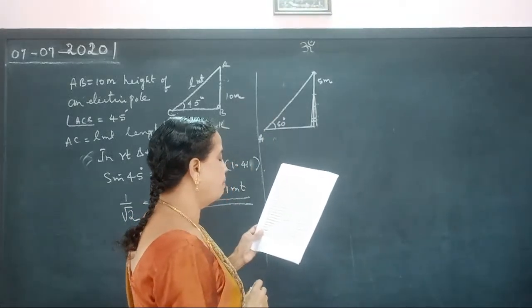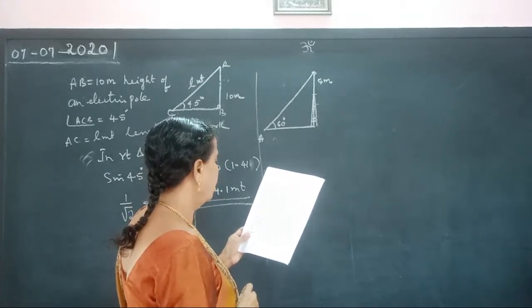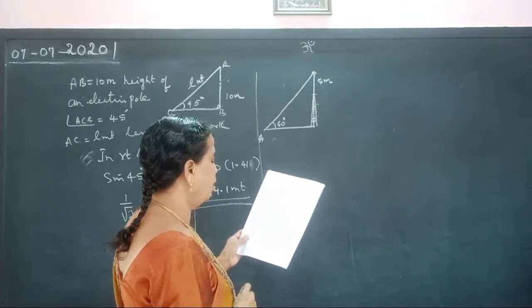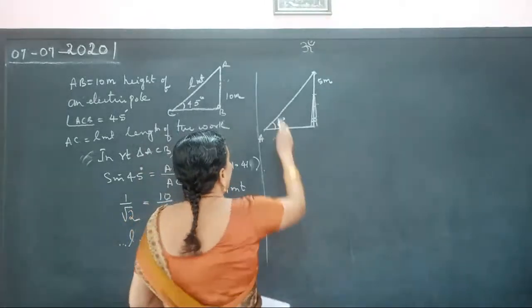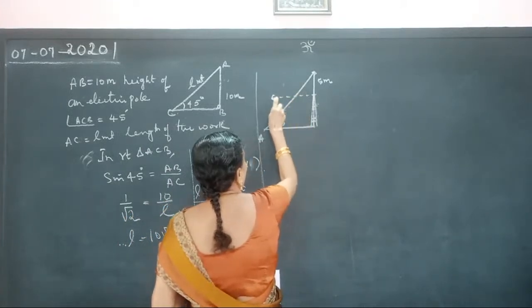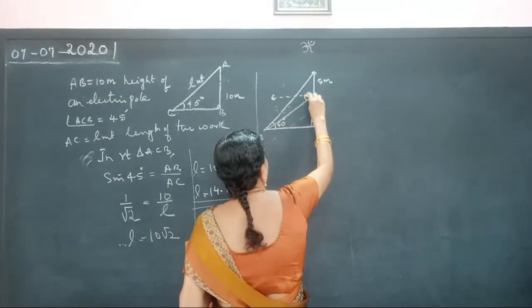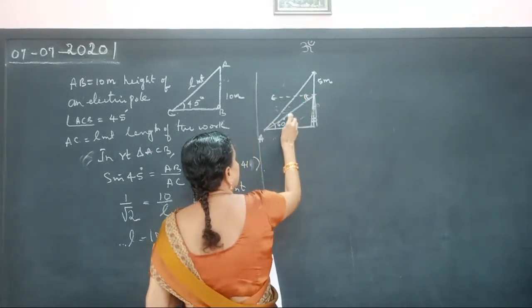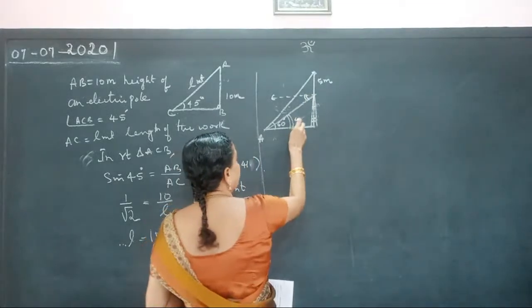And the angle of depression of the point A from the top of the tower is 45 degrees. So this is depression symbol you have to show. Its angle of depression here we consider like this. Okay, it is 45 degree.